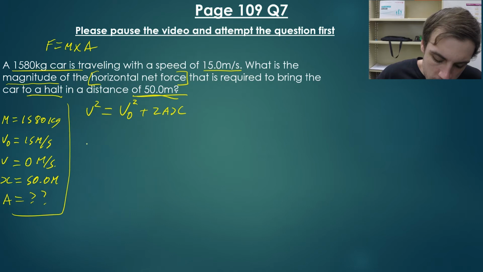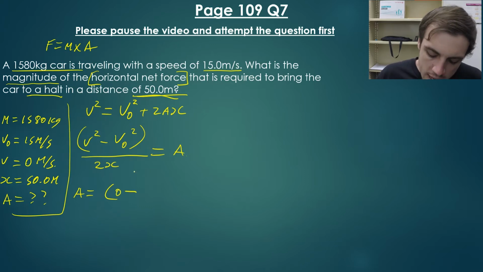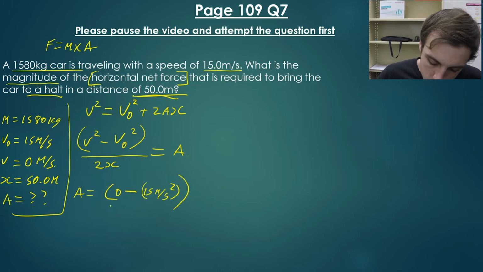So we're going to have v squared minus v0 squared, divided by 2x, is equal to the acceleration. So we have our final velocity, which was 0, minus our initial velocity, which is 15, divided by 2 times x, our displacement, which was 50 meters, so 2 times 50.